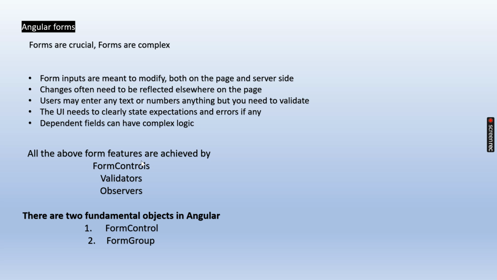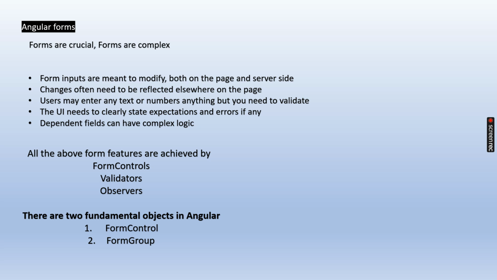And here the important points: the form inputs are meant to modify both the front end page and the server side. So whatever logic we are going to implement would be reflected at the backend server. Suppose the user wants to save some information in the backend server.